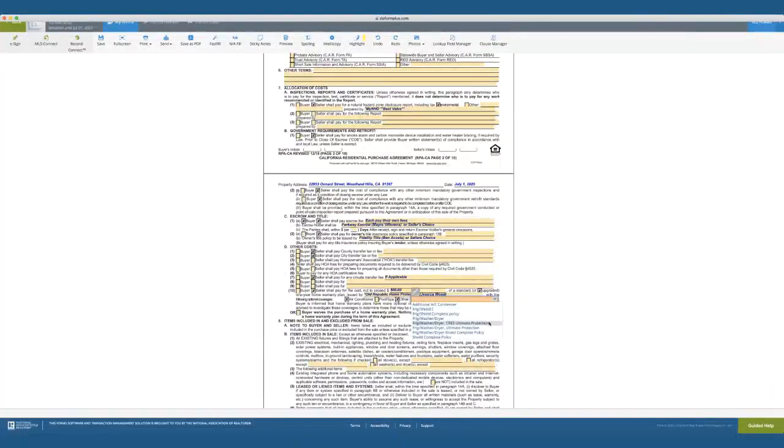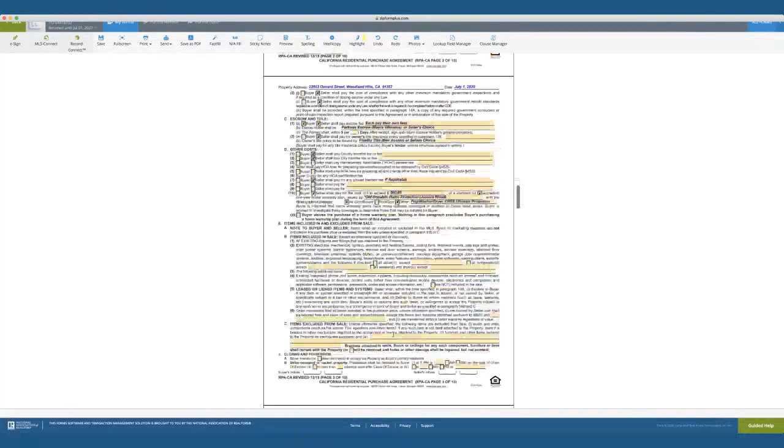If it's going to include the fridge, the washer and dryer, put in everything that you want. Don't just put in an amount and then think that you can use that amount up until it's gone. That's not how it works. You have to put in specifically what this warranty is going to cover. If the buyer is waiving a home warranty, then you would check right there.